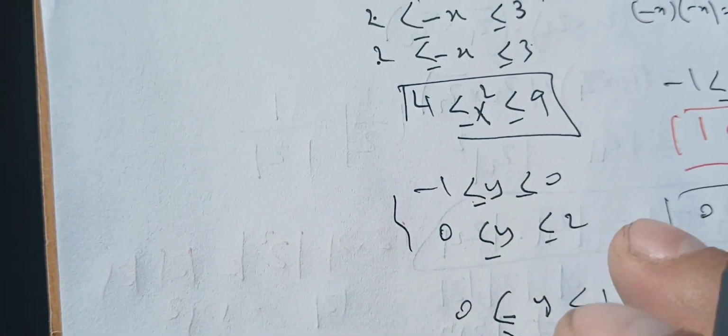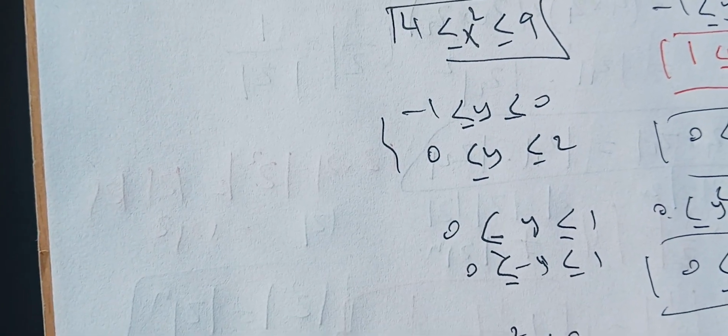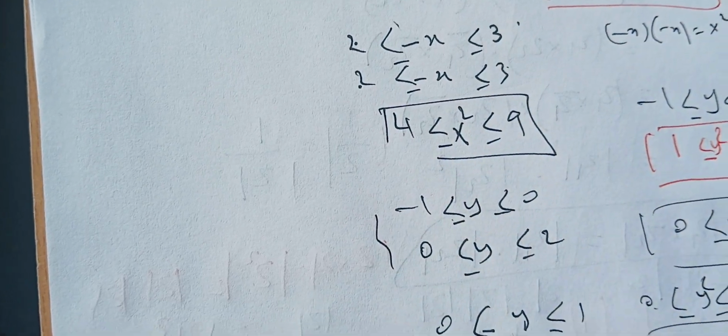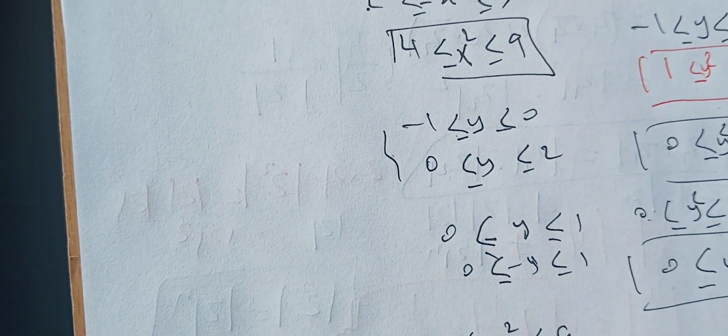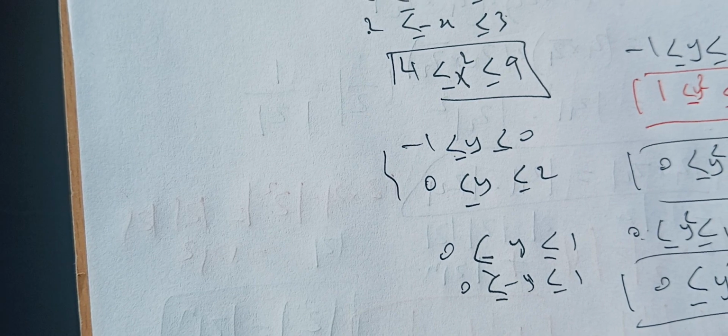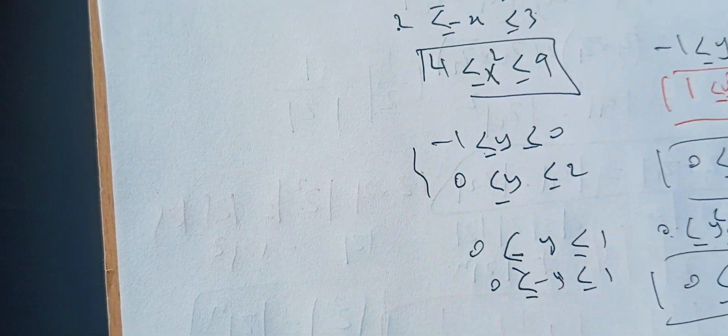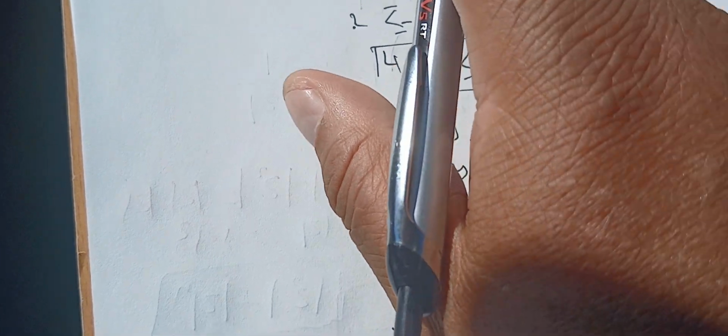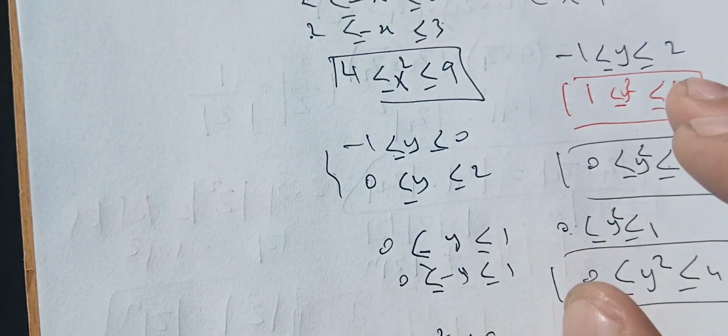We need to be careful when dealing with this one. A lot of mistakes happen. The other thing is we want to compute xy plus 3. So when dealing with this kind of numbers, we want to make sure that we have the positive ones.